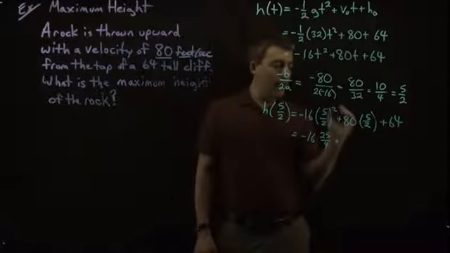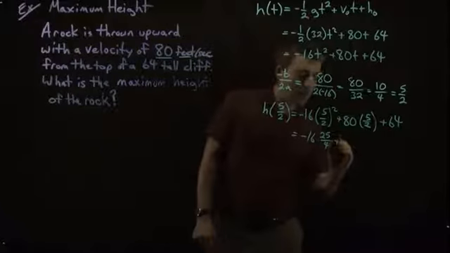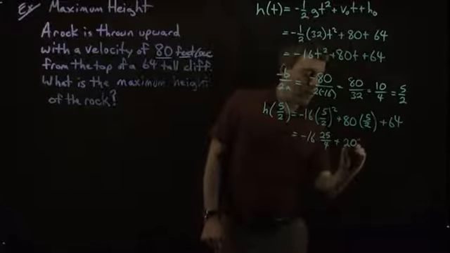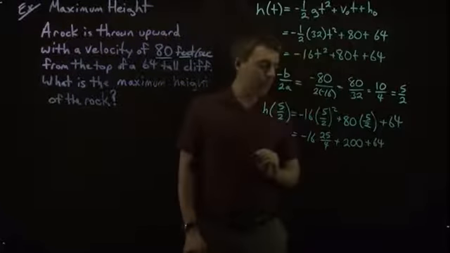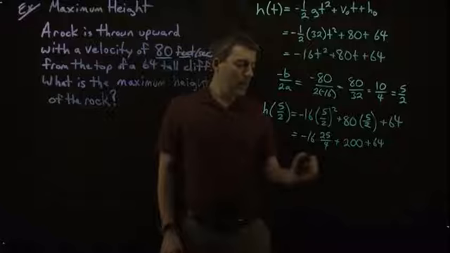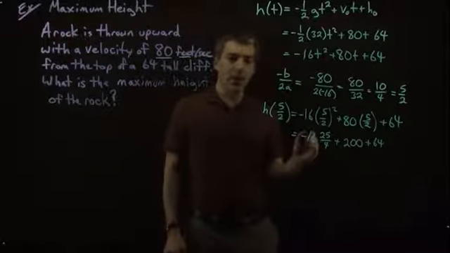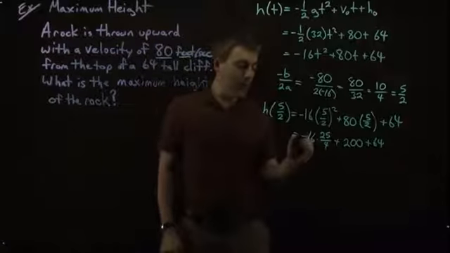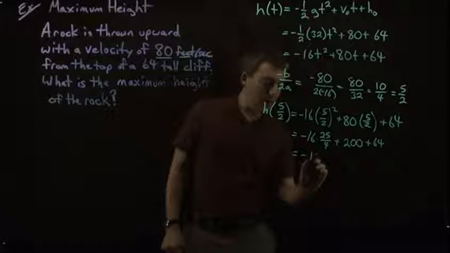We can take the 80 and divide by 2 and get 40, times 5 is 200, plus 64. Negative 16 divided by 4 is negative 4, and negative 4 times 25 is negative 100.